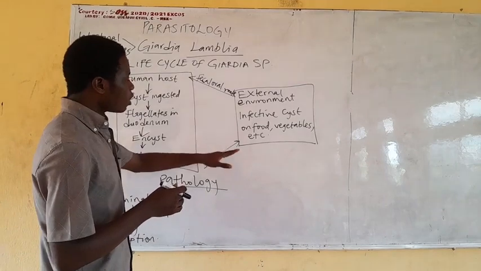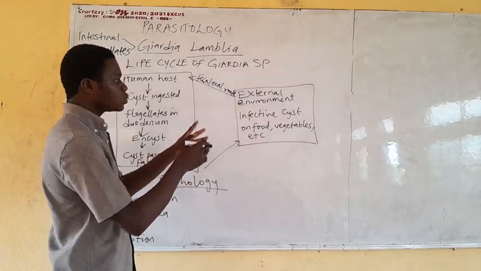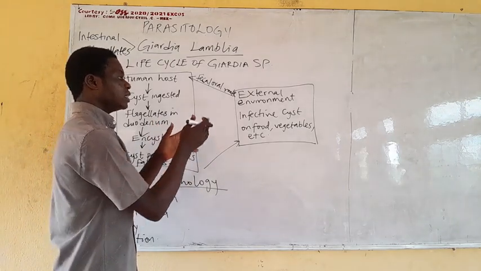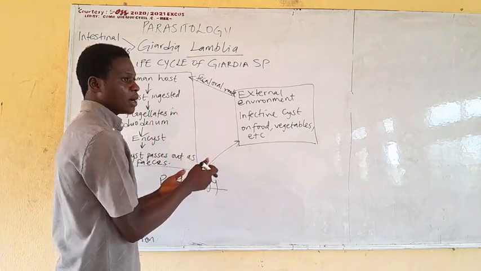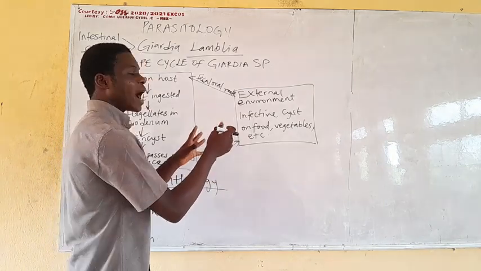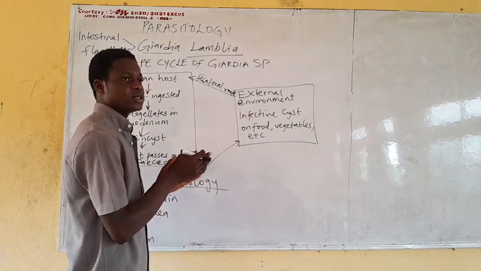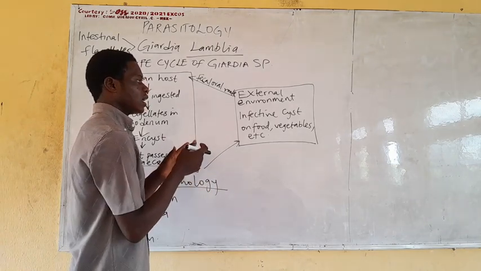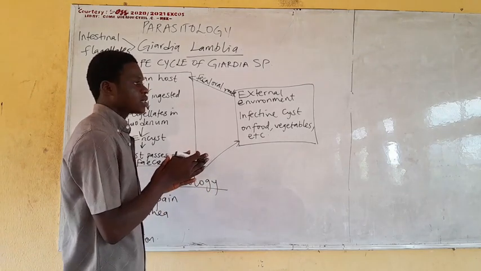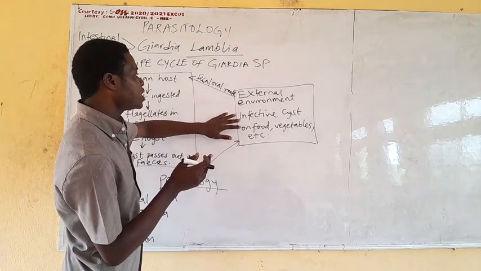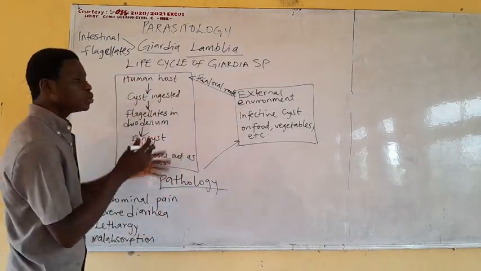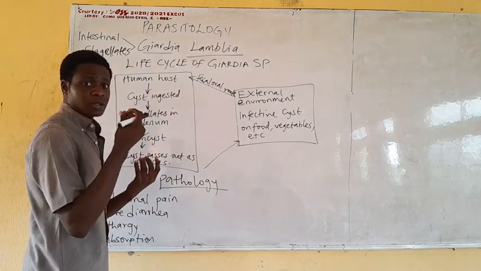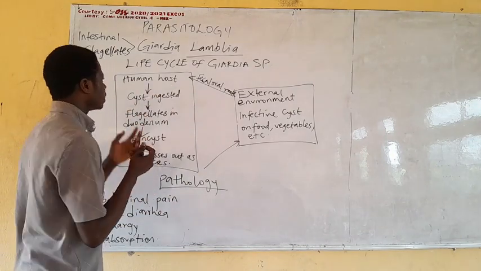Here is the life cycle of Giardia lamblia, and we are going to start with the external environment. Like I said earlier, it's the same as Entamoeba histolytica. It exists as an infective cyst on vegetables, food and other materials that can transfer the disease. It is transferred to the human host through the fecal-oral route, that is, through the mouth by eating.